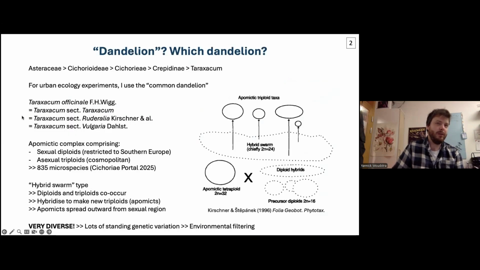Normally I don't really go into this because when I say that I work on dandelions, most people, even most botanists, just shrug their shoulders and say okay, that's fine.